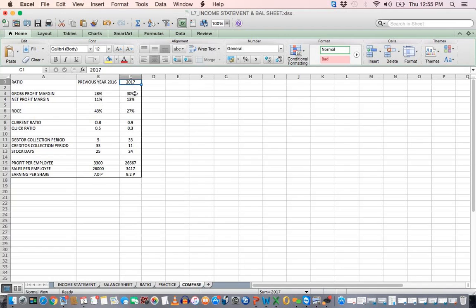From 2016 to 2017, the figure has increased 2%, 30 minus 28. So net profit margin is increasing, and return on capital employed decreased. You can show and explain why it decreased, and compare the previous year to this year.